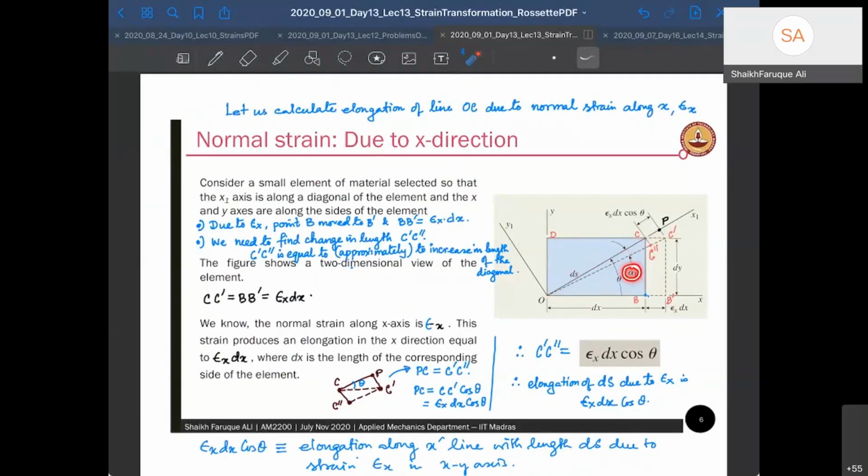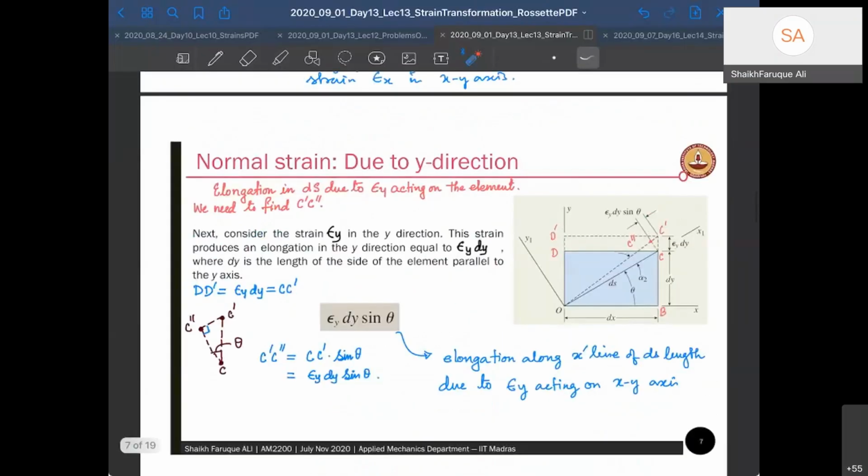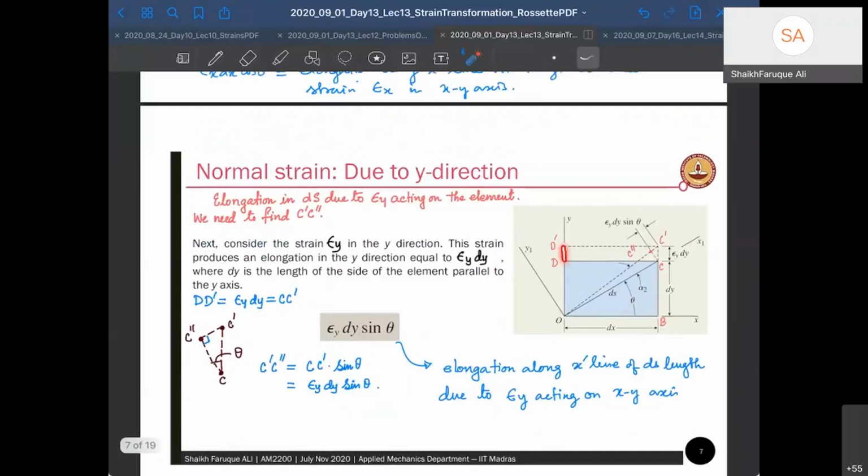So alpha 1, remember, is clockwise, right? So this was your original one, and it has moved in the clockwise direction. Similarly for epsilon y, it has gone up, right? So it was anti-clockwise. Remember this, alpha 2 is anti-clockwise. And we know how to find this length, right?